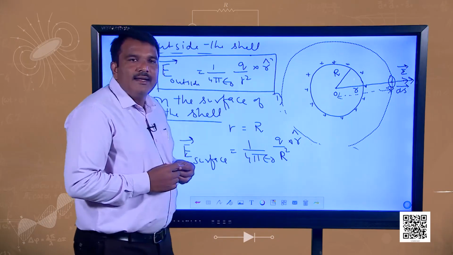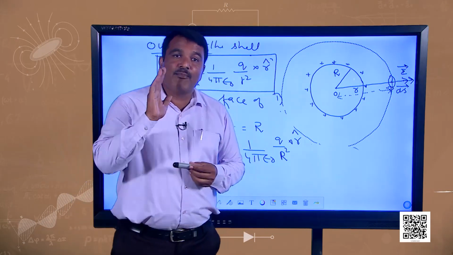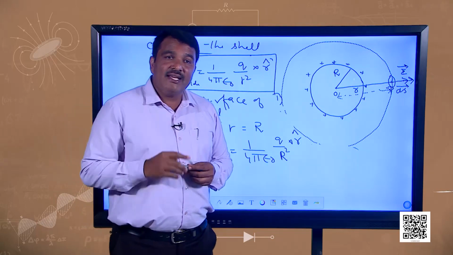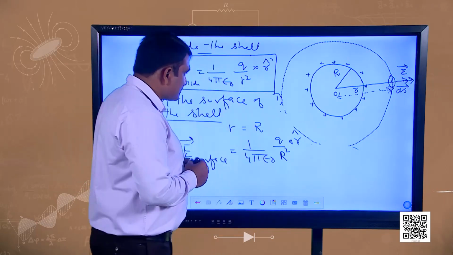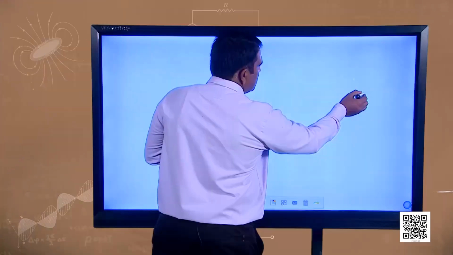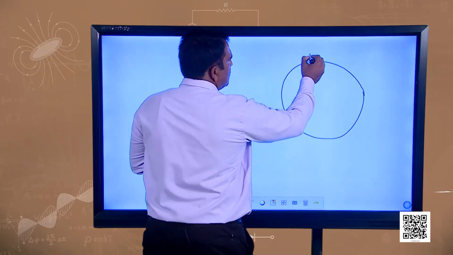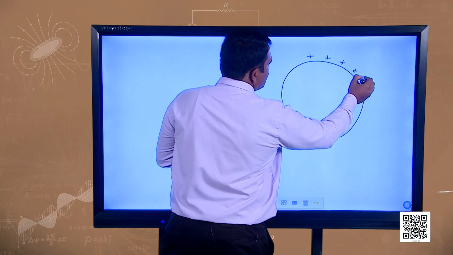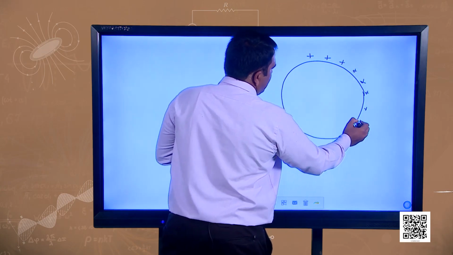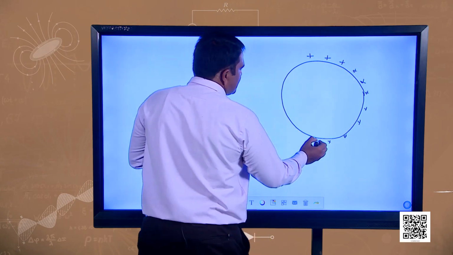Now, let us find electric field at any point P which is lying inside the cell. Suppose this is our cell which is uniformly charged, having surface charge density sigma.